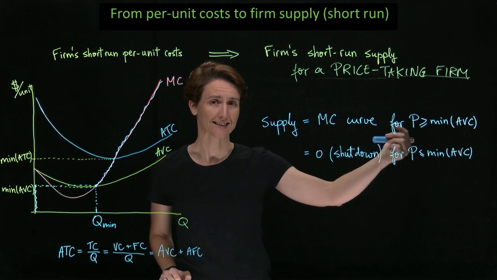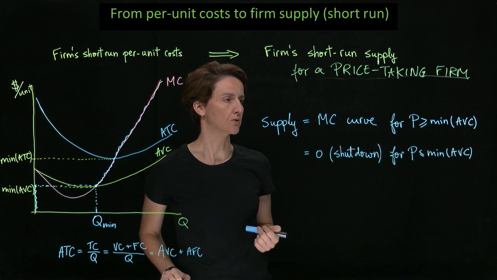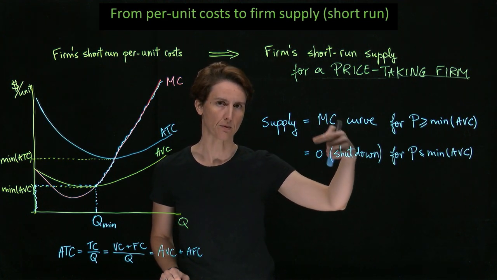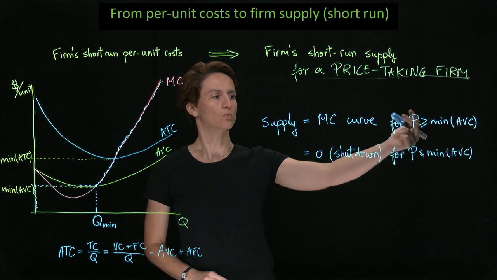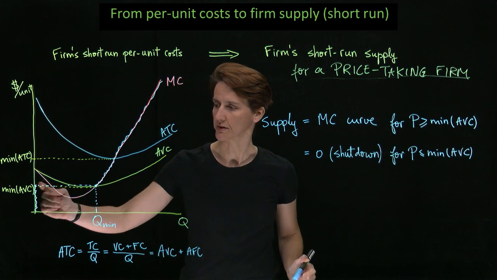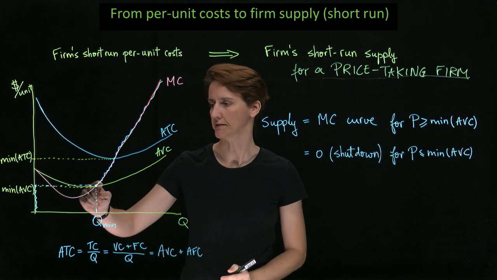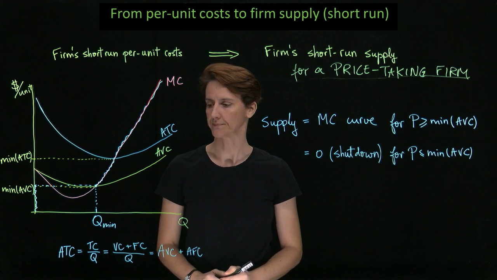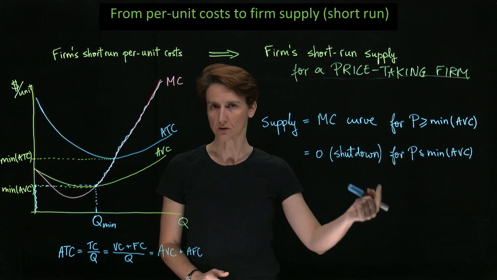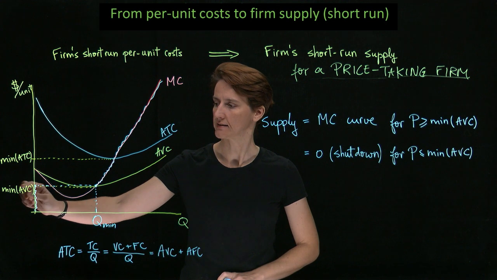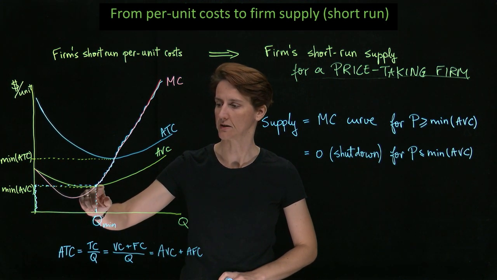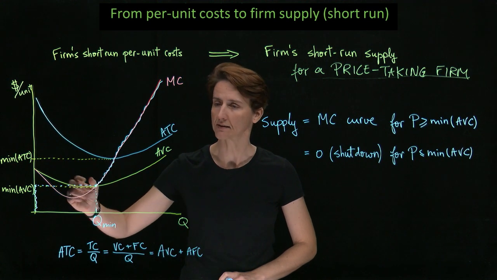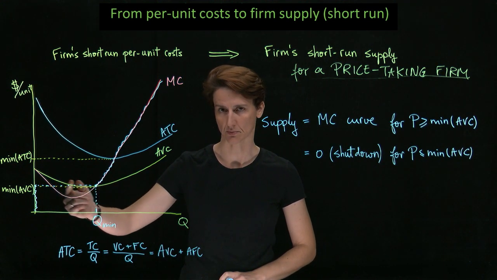When price exactly equals the minimum of average variable cost, either one of these options can be taken because they're equivalent, and so there's this one point where we have an undetermined value of output. However, importantly, while at this price the firm is indifferent between producing 0 or Qmin, it would not consider producing a quantity in between.